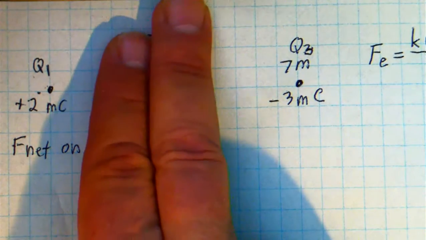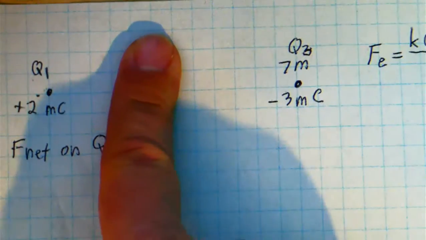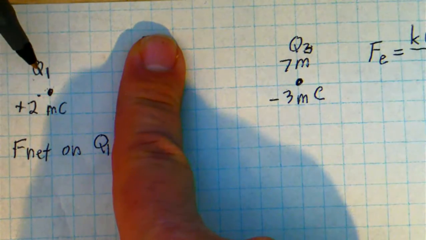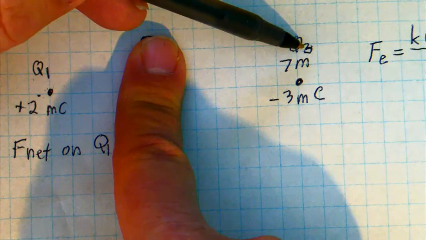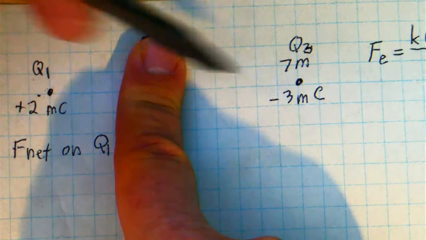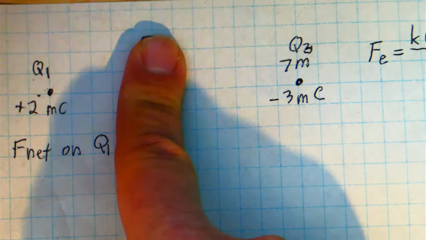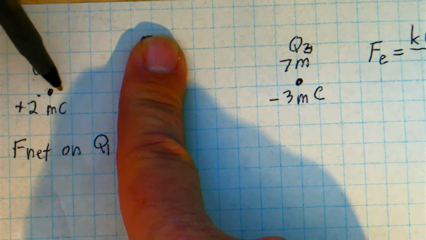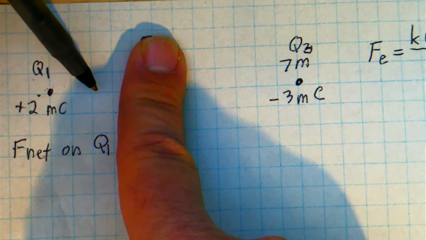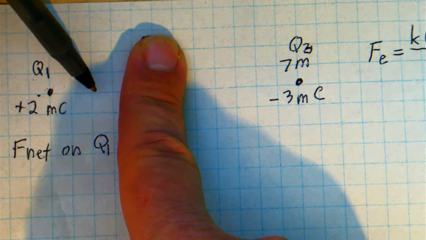And I ignore charge Q2, and I calculate Coulomb's law, Q1 and Q3. Now, in this case, they are opposite charges. So the force is going to be pulling Q1 to the right when I do that calculation.